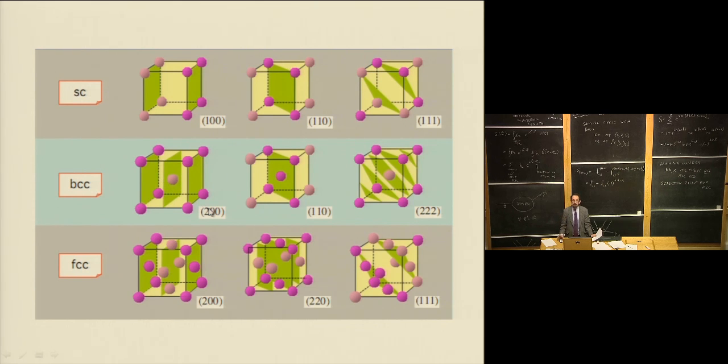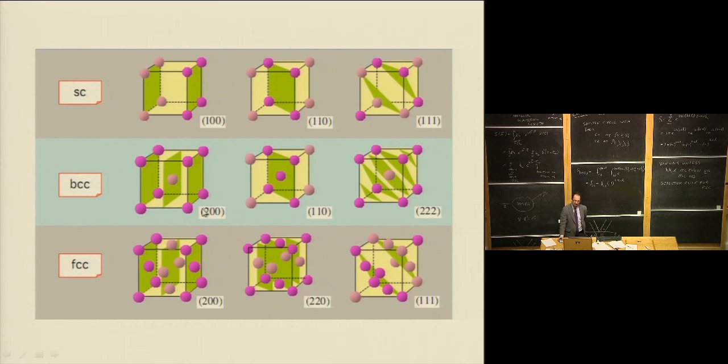You have to go up to (2, 0, 0) in order to get the extra plane in the middle, a smaller plane spacing, in order to catch that additional lattice point in the middle of the conventional unit cell. Okay? Does this sound familiar? Vaguely familiar, I hope.